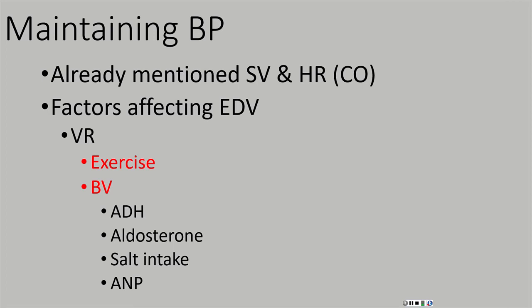ADH, the anti-diuretic hormone. Well, most people have heard of a diuretic. If you haven't heard of a diuretic, I'll tell you what it is in just a moment. If you have, what does a diuretic do? Well, a diuretic makes you pee. And they make you pee because of blood pressure. When someone's given a diuretic, typically they're given it because they have high blood pressure.